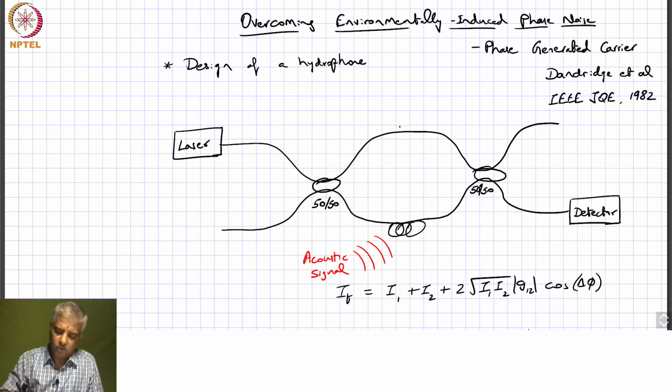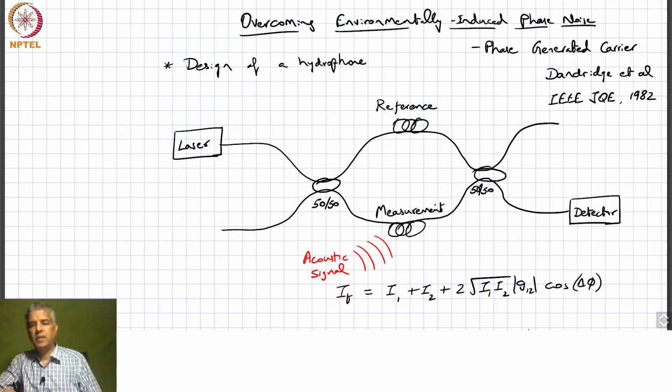Just to make sure the fiber length is compensated, you have this reference arm. So, this is the reference arm, and this is the measurement arm, right.